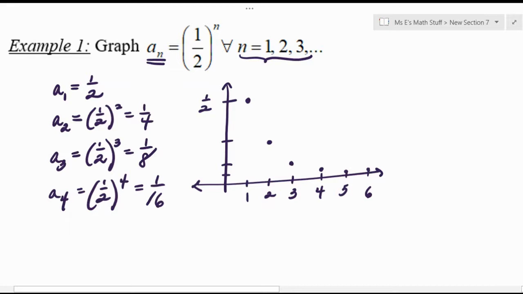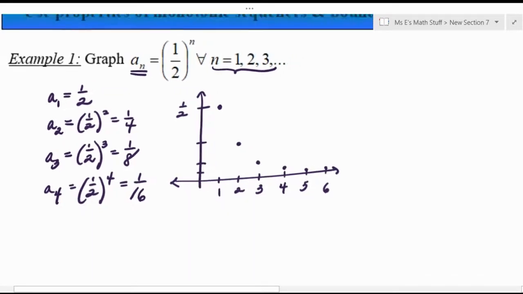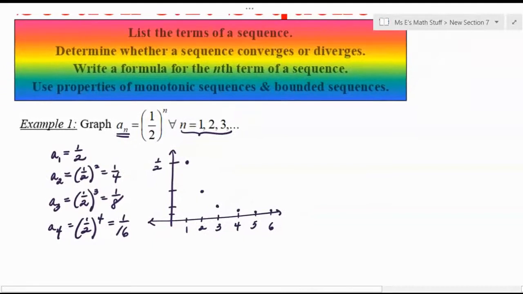Now, some vocabulary that I want to throw in. You can see the next thing on the list after generating terms is determining whether a sequence converges or diverges. And my friends, this vocabulary is a big deal in chapter 8, okay? And it actually is the same as what it was in chapter 7. So let me remind you.